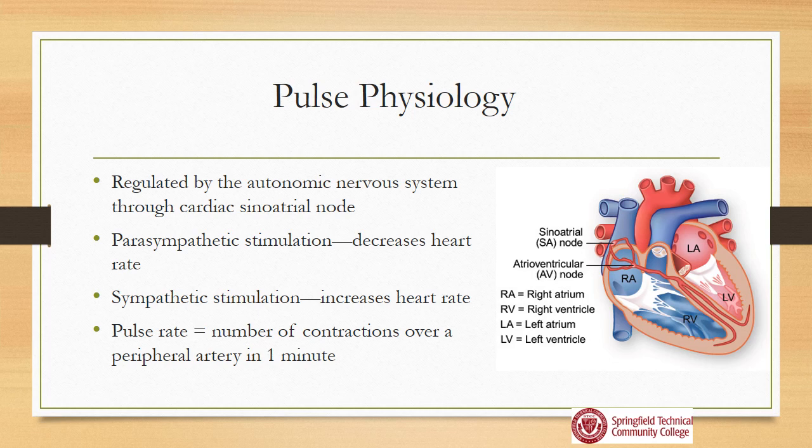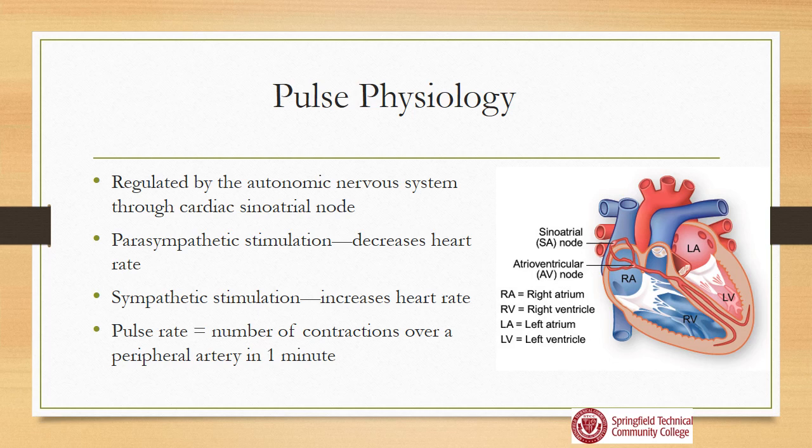When you think about these two parts of your nervous system, you want to remember that parasympathetic stimulation decreases the heart rate. This is, when you take some deep breaths, when you use a little creative visualization, when you can sit down and calm yourself, that's going to decrease your heart rate.